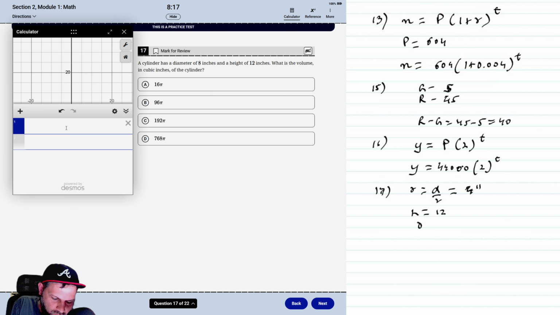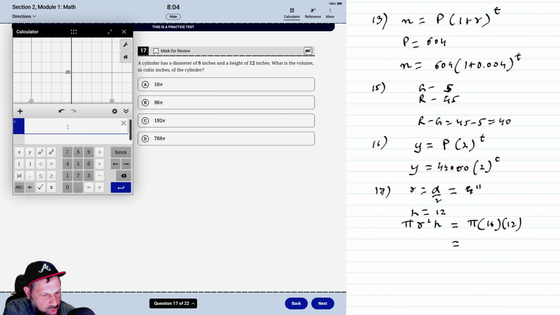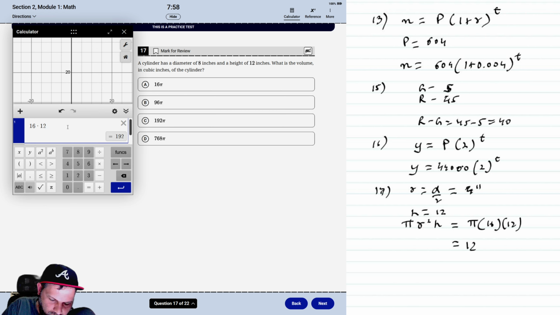So pi r squared h is equal to pi times r squared, which is 16, times 12. That comes out to be, I think, 192, but let's confirm. So it's going to be 192 pi.